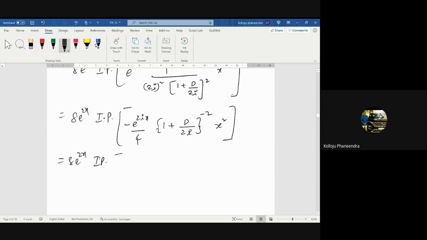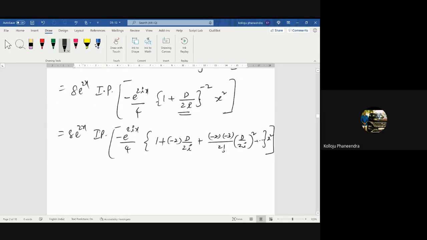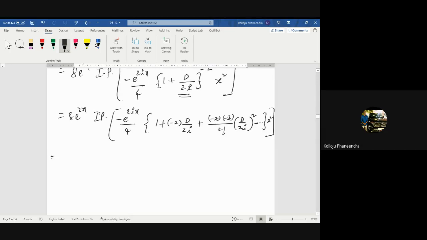Imaginary part of negative e to the power of 2ix by 4. What is the expansion? 1 plus x to the power n, where n value is minus 2, equals 1 plus nx plus n(n minus 1) by factorial 2 x square. Since x square is there, two derivatives are enough, that is, expansion up to D square is enough.